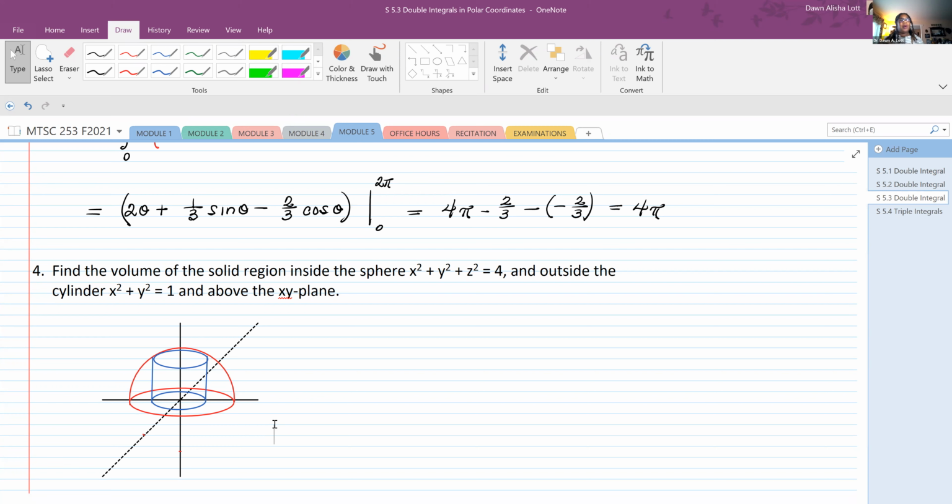Okay, so we want all the area that is outside the cylinder, but inside the sphere. So that is all of this area out here.